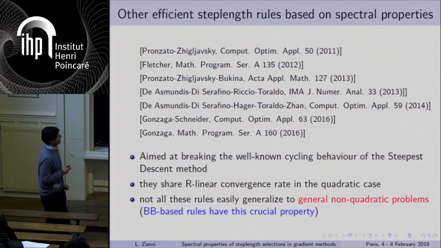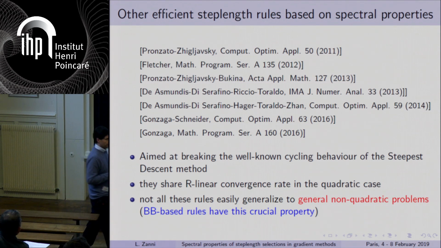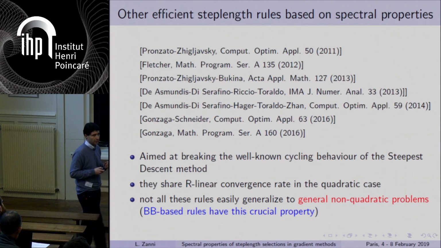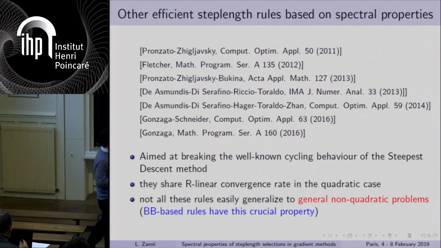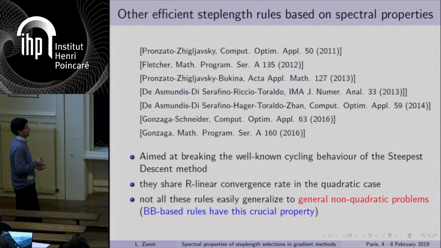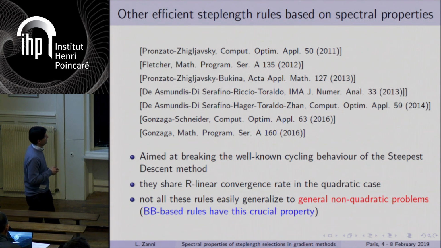Okay. In the quadratic case, there are many other suggestions, but only few of these suggestions can be extended to the non-quadratic case in an inexpensive way. And Barzilai-Borwein and all the rules based on the Barzilai-Borwein ideas have this important property.